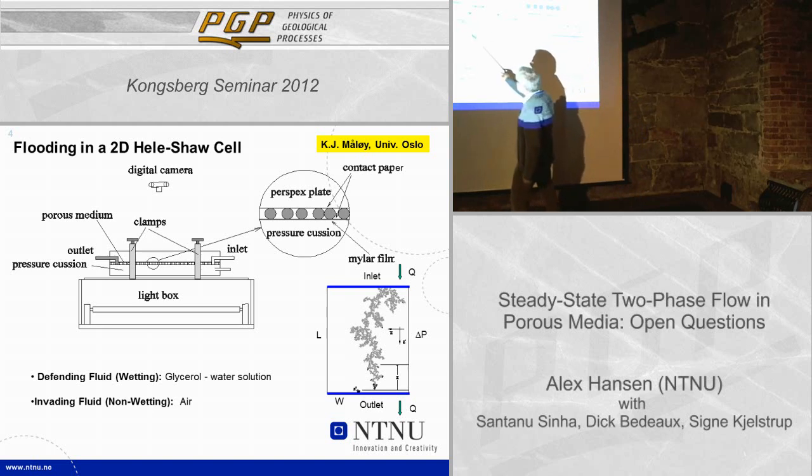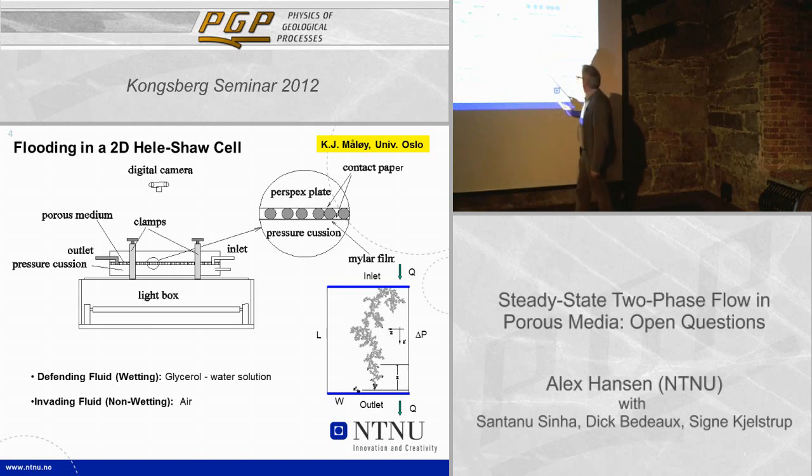It consists of two plexiglass plates, rather thick. And when the system is put together, you put contact paper on both sides here. You pour glass beads, and then you flatten this out so you make a monolayer.